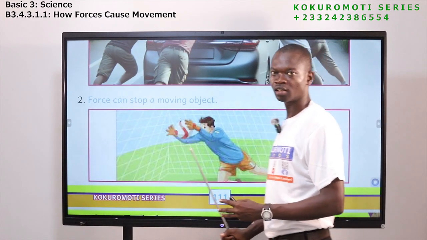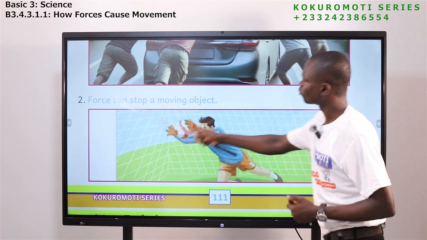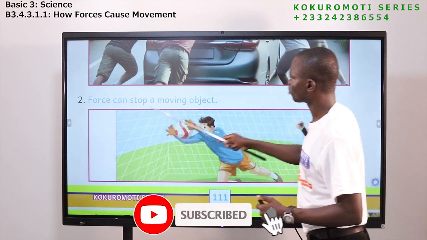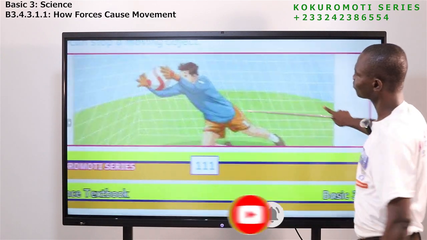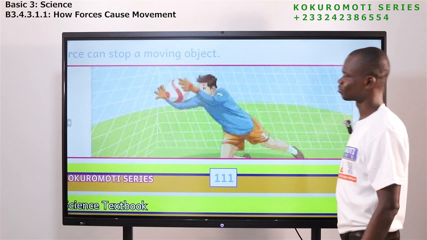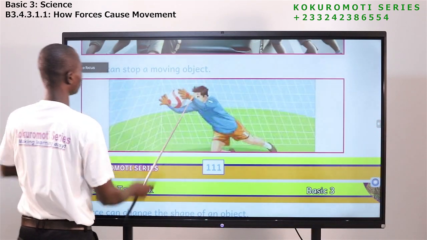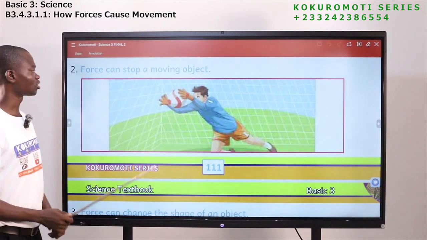Another effect of applying force is that force can stop a moving object. Now let's look at this. This is a goalkeeper. The goalkeeper is catching the football.